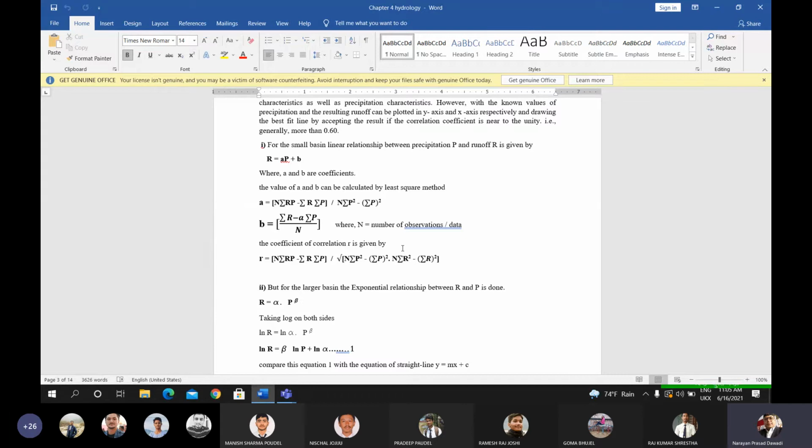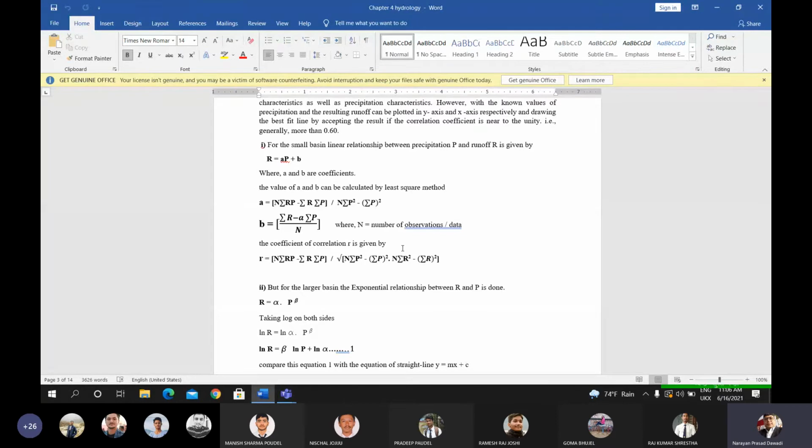Both of them are under the root. The value of r lies between 0 and 1. If the r value is greater than 0.60, then the relationship R is equal to AP plus B will provide a good relationship between the runoff and the precipitation.